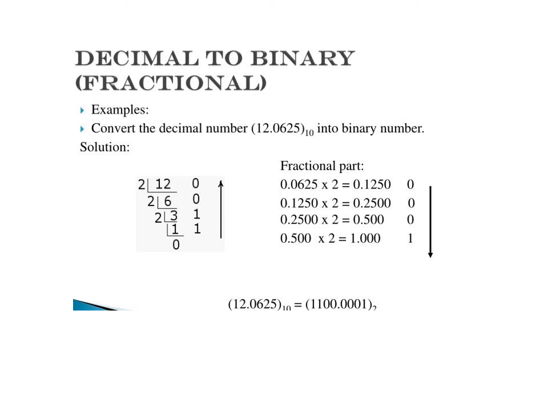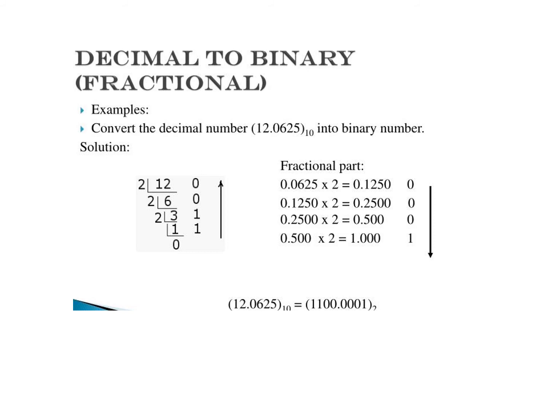We will have the number 0.2500. Again we will note down the whole number, the integral part, and then 0.2500 multiplied by 2, we will have 0.500, and we note down the 0, and then 0.500 again multiplied by 2, we will find 1.00.